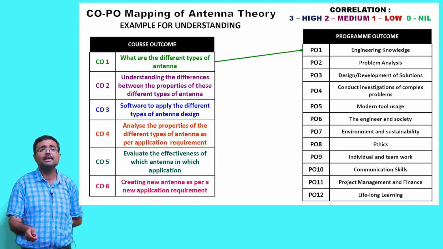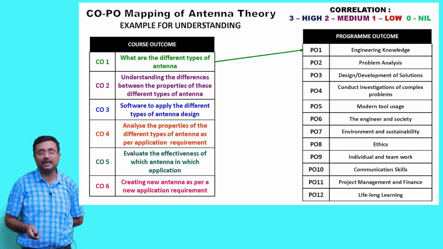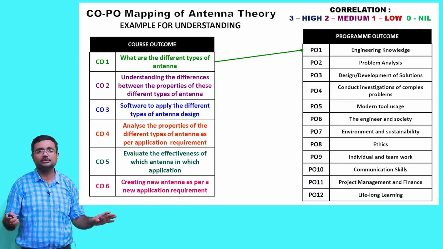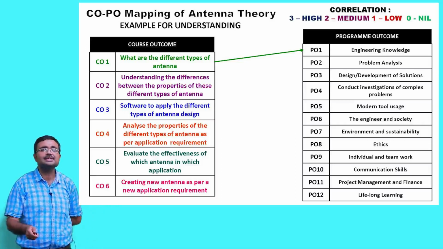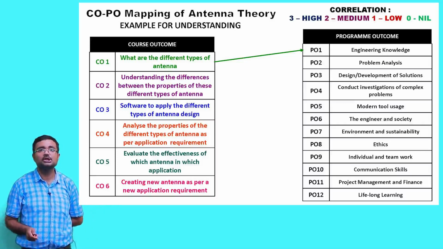But only being mapped is not enough. I will have to say how much correlation there is. If CO1 is not mapped to PO2, there is no correlation. But if it is correlated to PO1, how much? 3 is high correlation, 2 is medium correlation, 1 is low correlation.